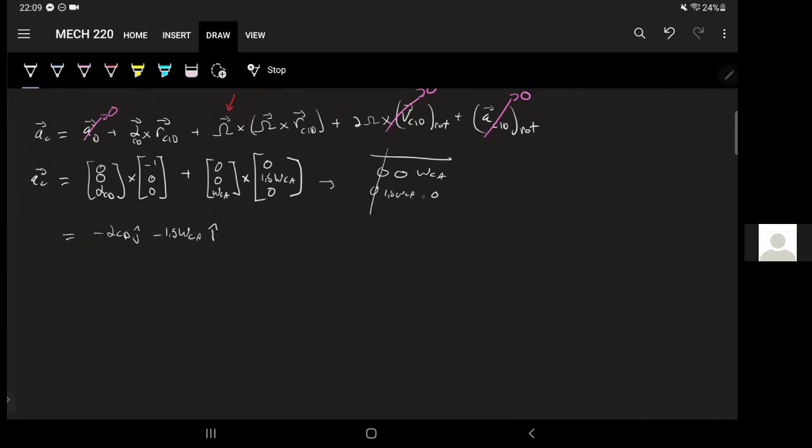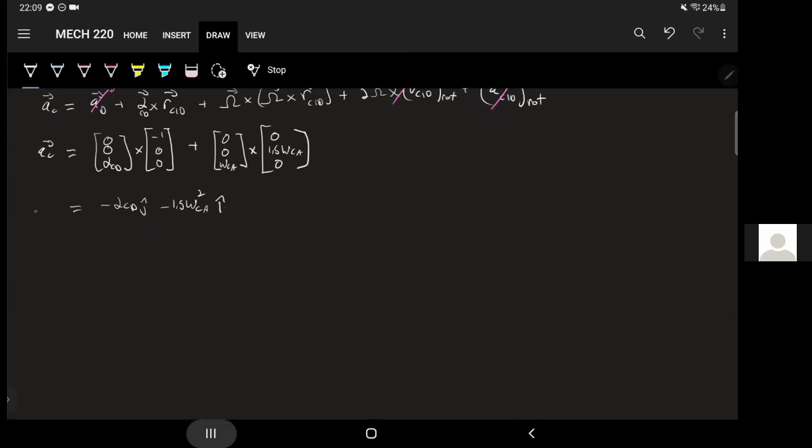So the I is going to be this, which is a negative omega squared. Cool.